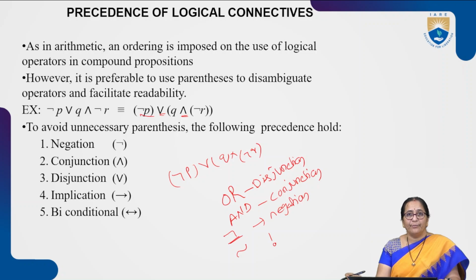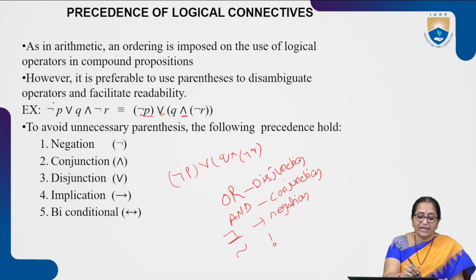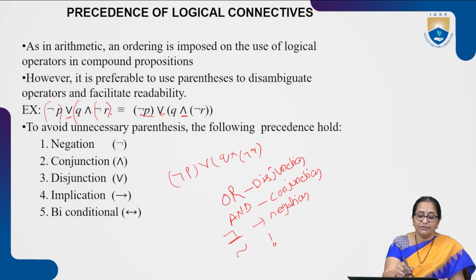Here we have an example: negation of P, OR Q, AND negation of R. We need to compute it. To compute this problem, we first need to know what propositions to collect. First we collected negation of P, the OR operation, next Q, and then the negation of R value we need to find.